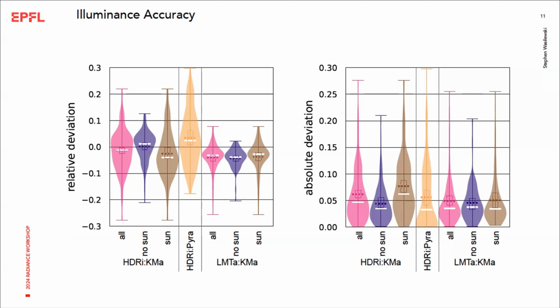And then the illuminance is compared to a handheld illuminance meter taken both before and after the HDR capture sequence, as well as a camera-mounted secondary illuminance meter, so that we have a comparison of two other devices as a between-device comparison, because there's a lot of uncertainty in lighting measurement.